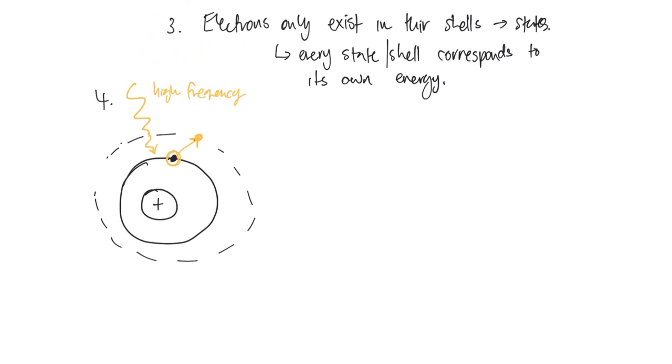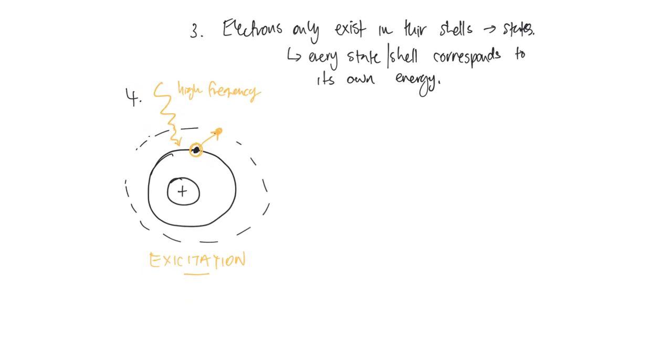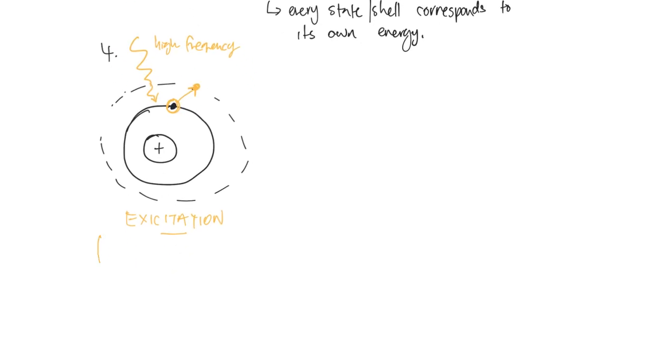And what we call that is excitation. And when I have excitation, I can say a photon is absorbed. And when that happens, the electron goes up in energy level. So that's the first thing.